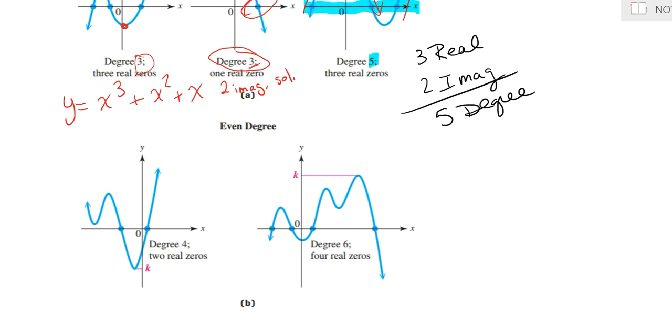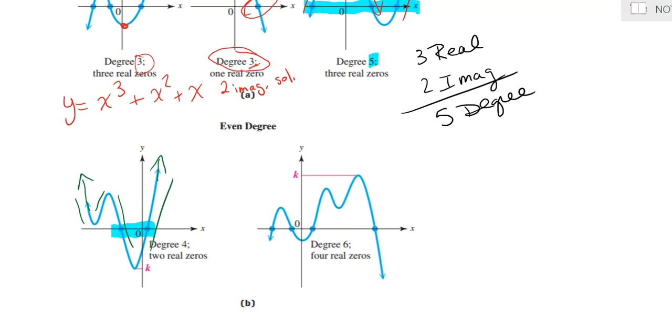The same thing can be said for these even degrees. Do you notice how within even degrees, they're going to point in the same direction? And that has to do again with those turning points. If this is a degree of 4, there's 1, 2, 3, 4 directions to it, and you're going to have 3 turning points. You can see in this case it crosses twice.